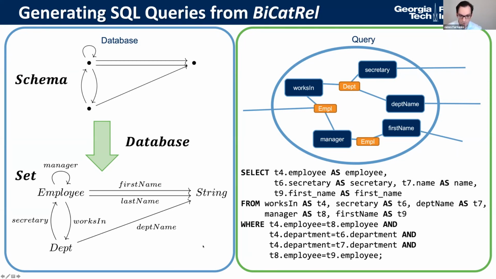And then you get a category of relations where morphisms in the category of relations correspond to queries against that database. And so you can write an undirected wiring diagram in Julia and get SQL queries generated from that. And then you can just run them against a Postgres database and actually compute these things on large data sets.